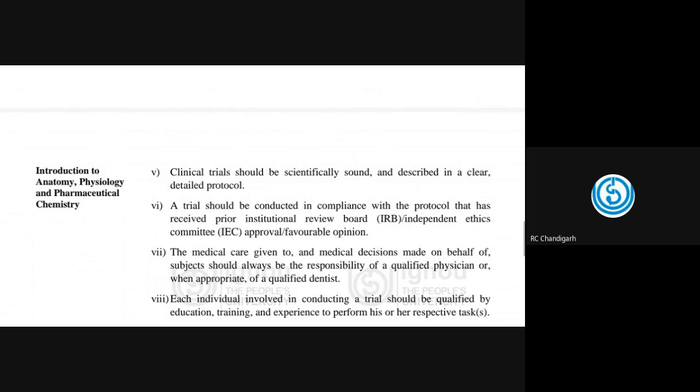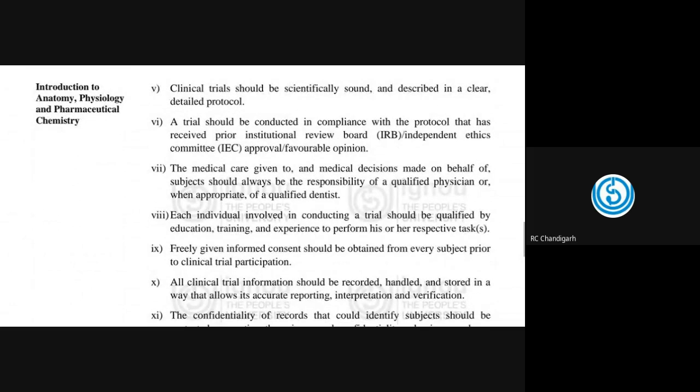A trial should be conducted in compliance with the protocol that has received prior institutional review board or institutional ethics committee approval or favorable opinion. The medical care given to, and medical decisions made on behalf of, subjects should always be the responsibility of a qualified physician or, when appropriate, of a qualified dentist.